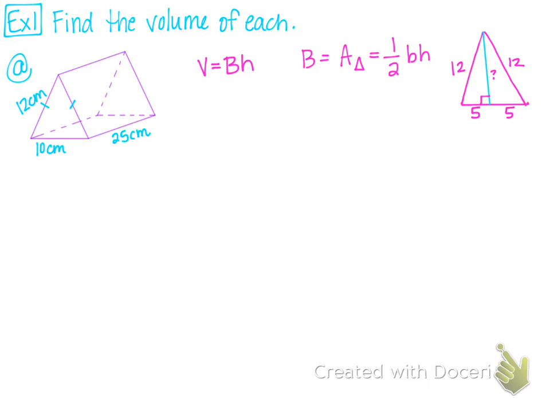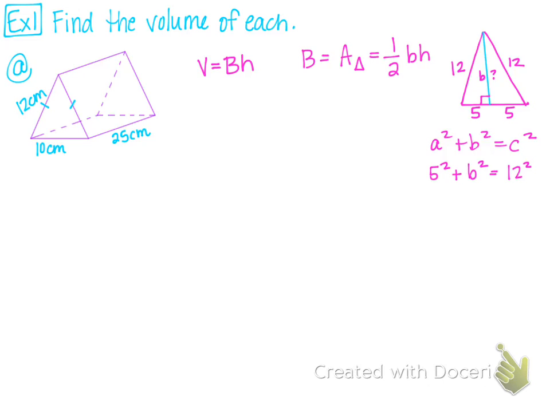So we're going to use Pythagorean theorem and figure out the height. Now, a squared plus b squared is equal to c squared. That's Pythagorean theorem. A squared, we're going to choose that to be a, plus b squared, which we don't know. We're going to call this b, but that is actually the height of this triangle. And then is equal to the hypotenuse squared, which is 12 squared.